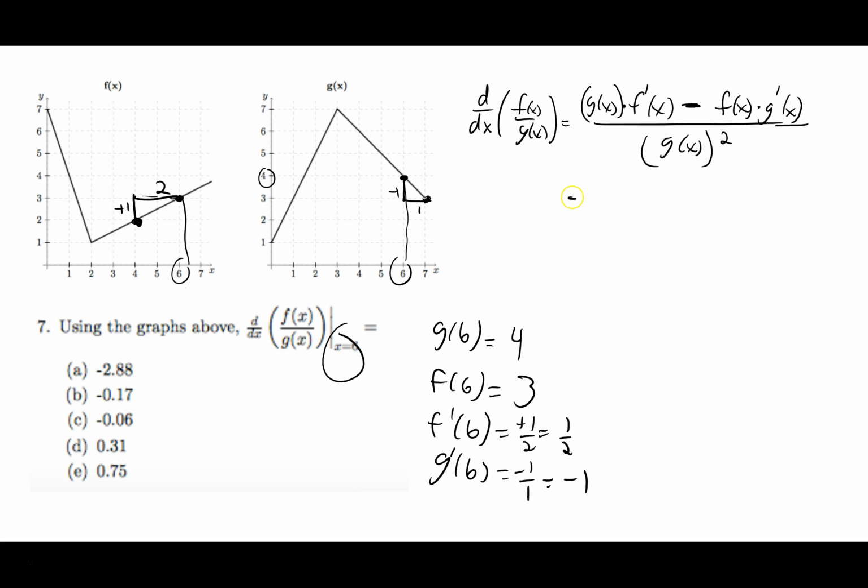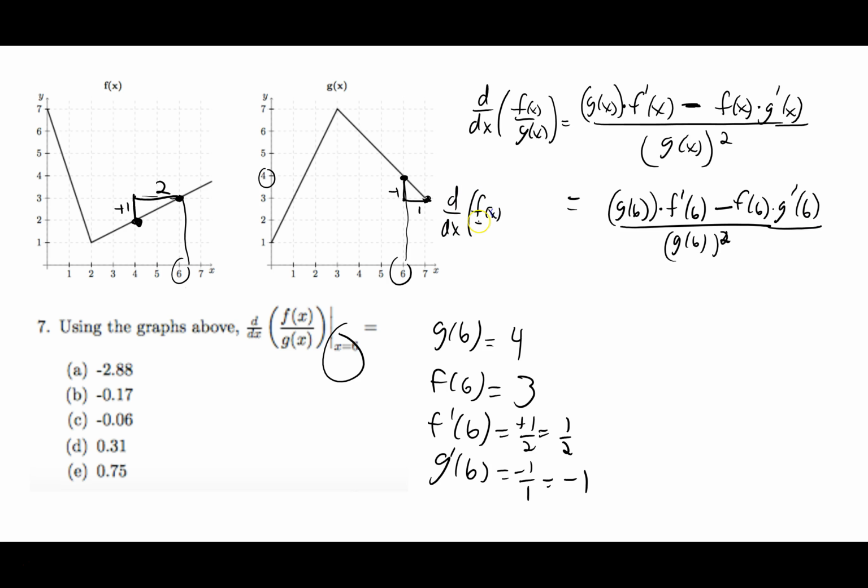So we're going to take these into this formula where we take g of 6 and square it. We take g of 6 and put it up here, multiply it by f prime of 6. Then we take f of 6 and multiply it by g prime of 6. And this would be our derivative of f over g.